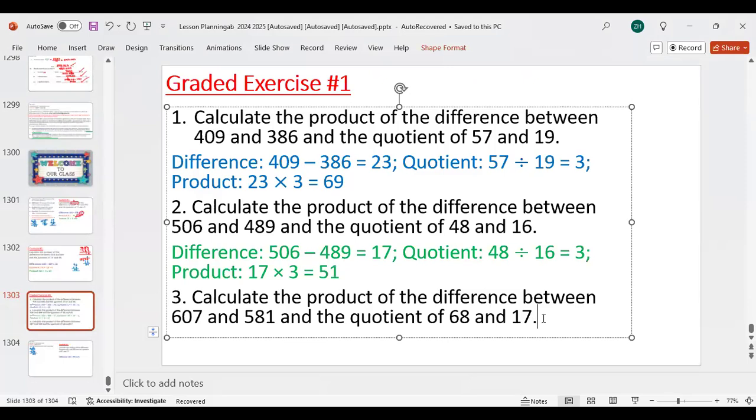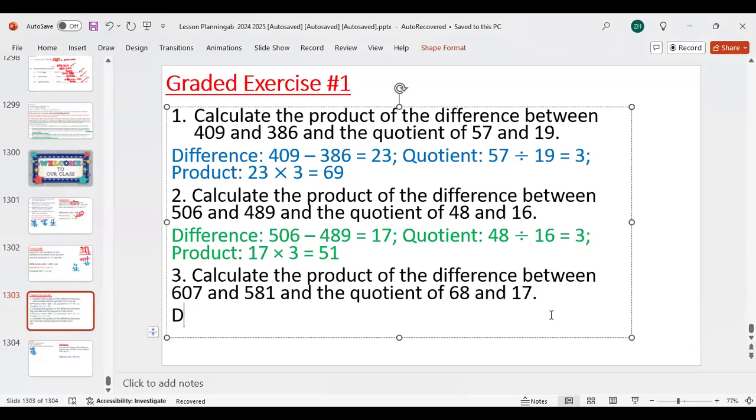And then number 3. Lamar, help me with number 3, please. First, you get the difference, which is 607 take away 581, and you get 26.